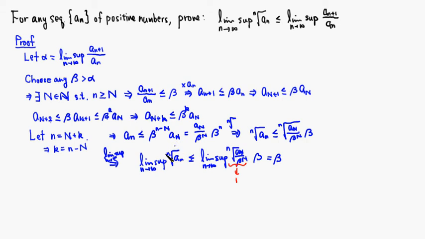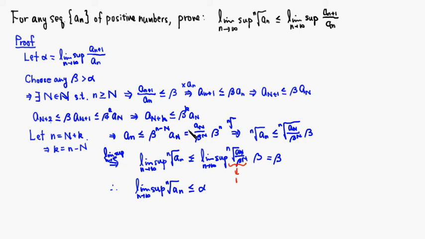So since the lim sup of the nth root of a_n is always less than or equal to beta, and beta could be any number bigger than alpha, we know that this is less than or equal to alpha.